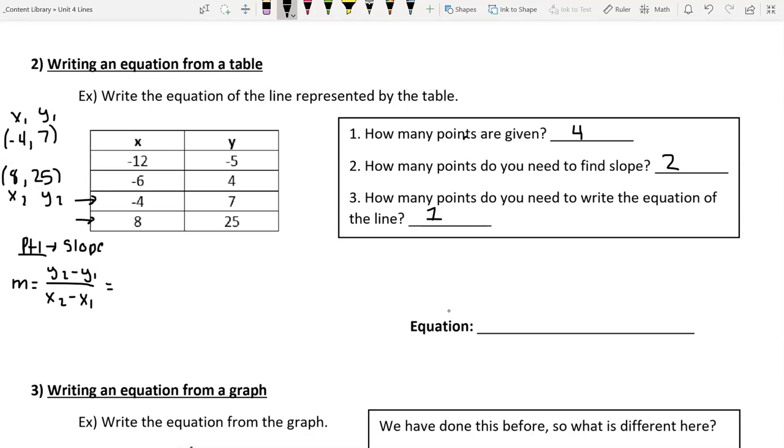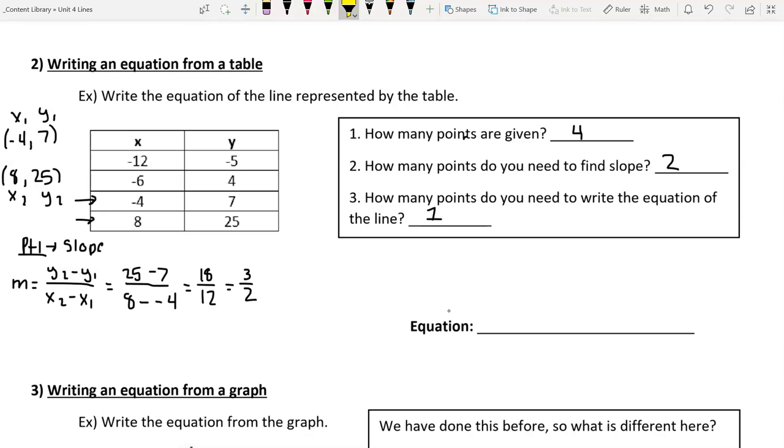So my slope is y2 minus y1, so 25 minus 7. x2 is 8, minus x1 is -4, so minus, again, the double negative. So 25 minus 7 is 18 over 12, and that reduces to 3 over 2.